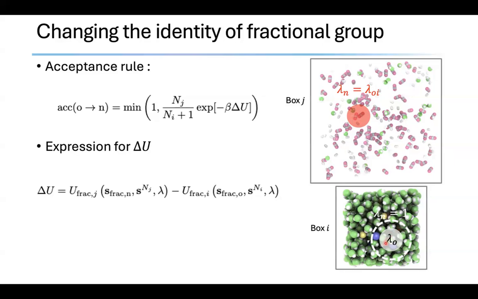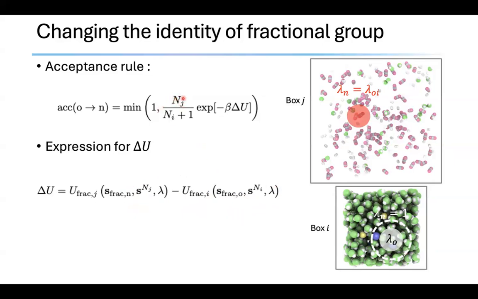In box I, you change the fractional molecule to a whole molecule, and in box J, you have a whole molecule which is changed into a fractional molecule whose value is then lambda O. As a result, you're changing the overall energy of the system, and the overall change in the energy of the system is given by this particular term.